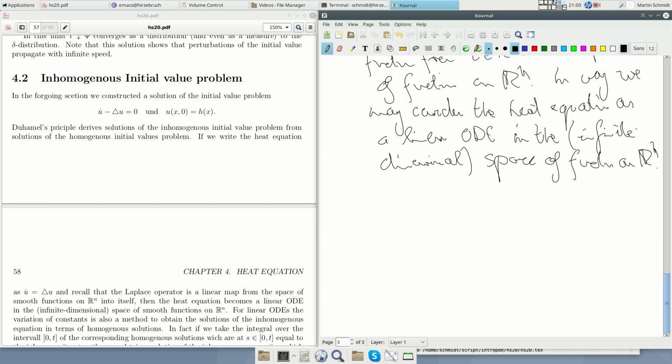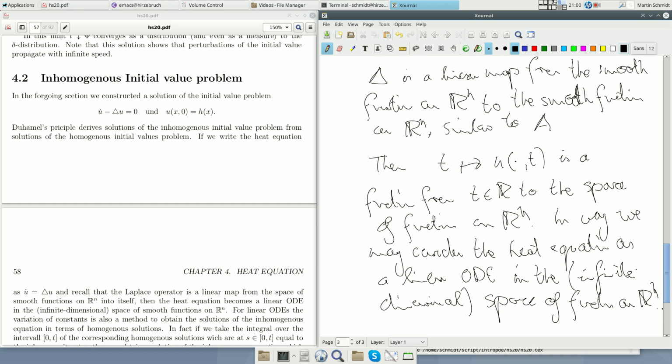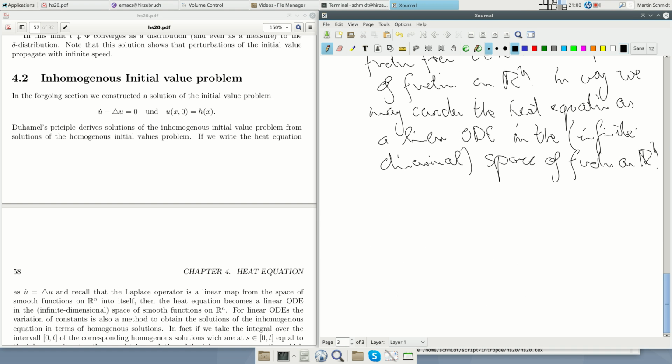The main problem, why we can't use the ODE theory to apply this, is that this operator is not linear and continuous in any function Banach space.